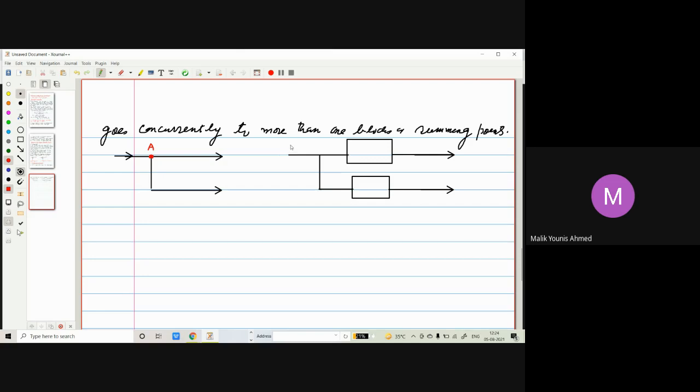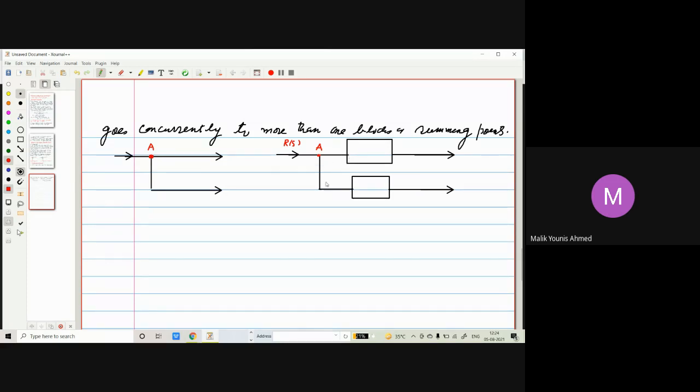Now let's say this is an input. Just a second. Okay, so let me put it again in red. Now let's say this is input R of S. Now this point again here is a takeoff point or a branch point. Now from here, the signals are going towards what? Signals are going towards more than one block.